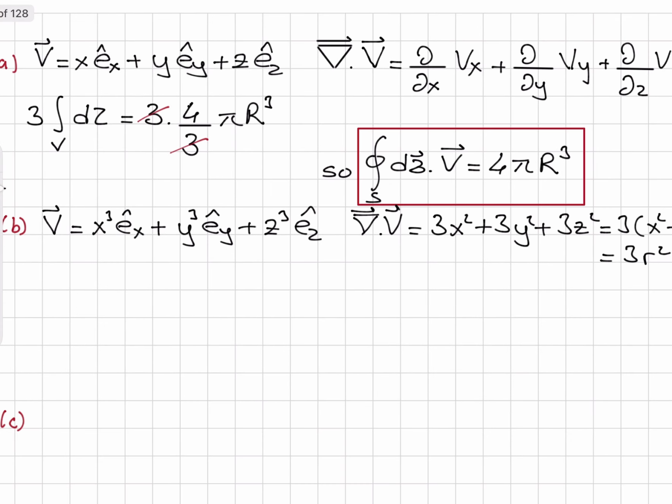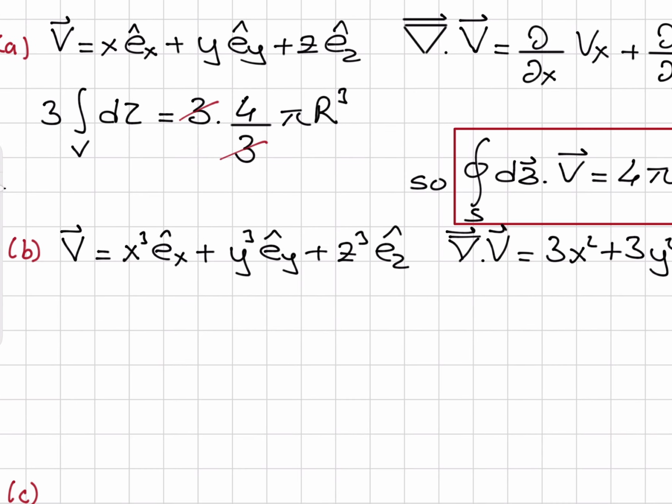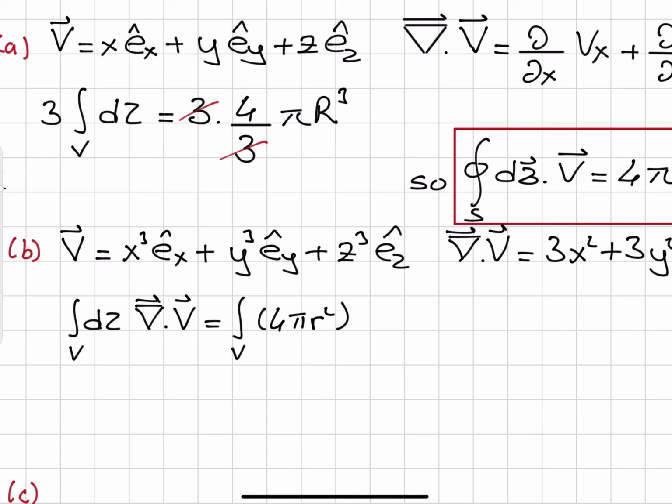Okay, so in spherical coordinates, the volume integral dτ of the divergence of V is then the volume integral. What is dτ? We can write it as 4π r squared, the surface area, multiplied by dr, the differential displacement in the radial axis, and we have 3r squared for our divergence.